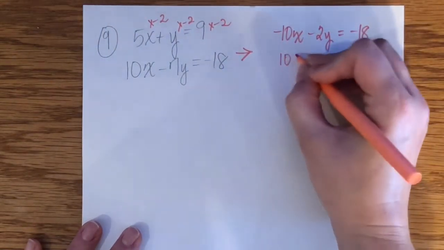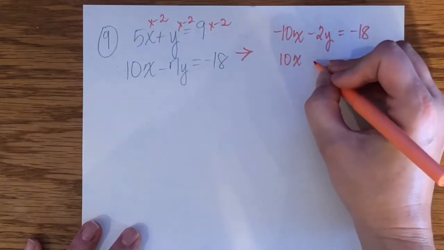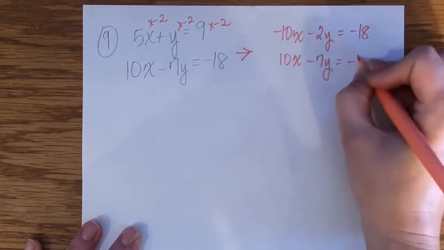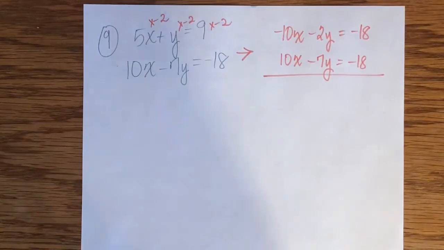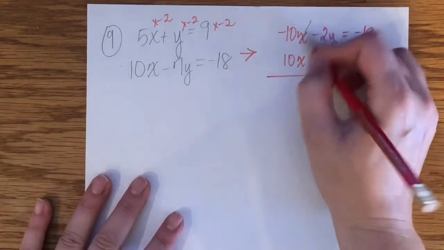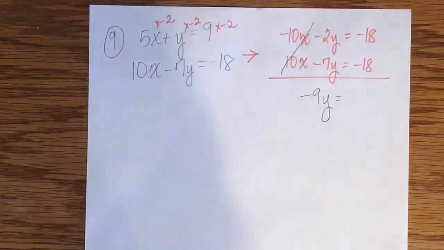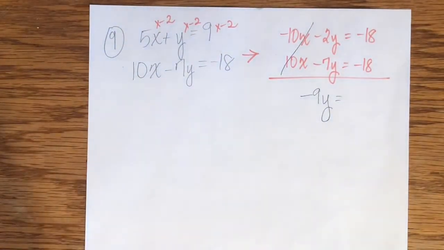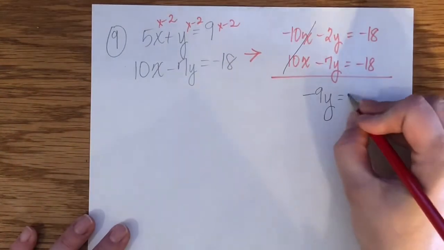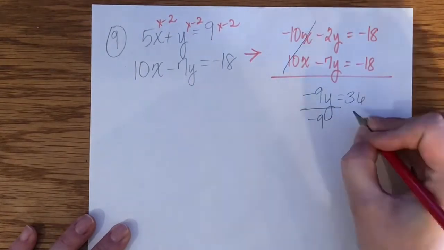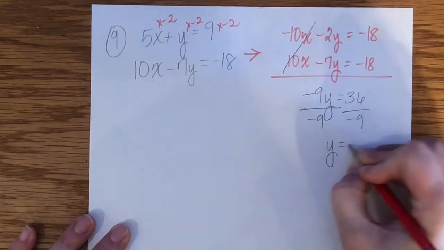On the bottom stays the same, positive 10x minus 7y equals negative 18. Okay, so what ends up happening now is my x's cancel out, and I get negative 9y equals 18 times 2. It's going to give us 36. I divide by my negative 9, and I get y equals negative 4.